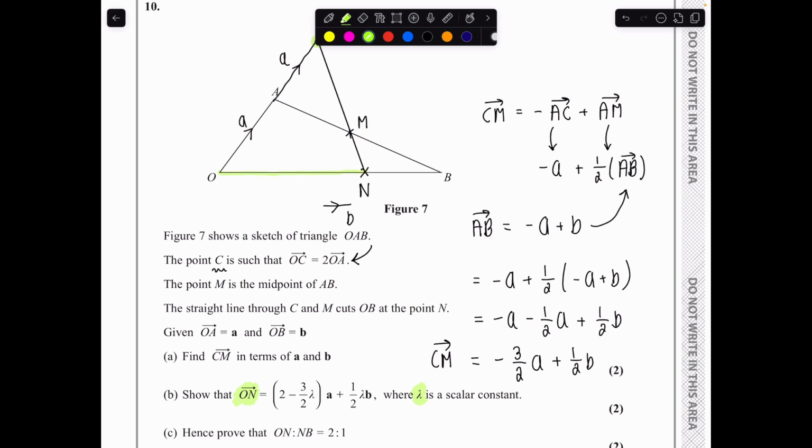So just like we did for part A, what sort of route could we take to go from O to N? Now, we don't know what the ratio or where N intersects O to B, so let's use a different path.